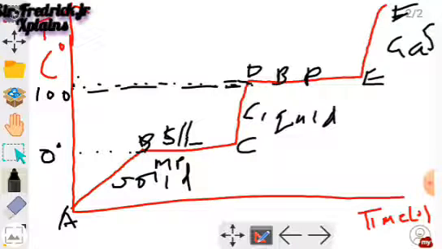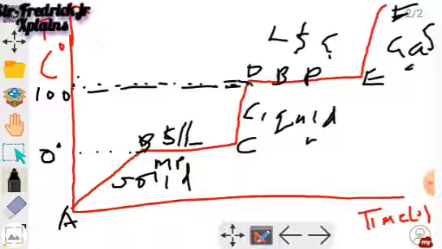As you continue supplying heat, DE reaches a boiling point. Here you're going to have part liquid and part gas. So here it will be liquid and gas, that would be the mixture at DE. That's how it goes.